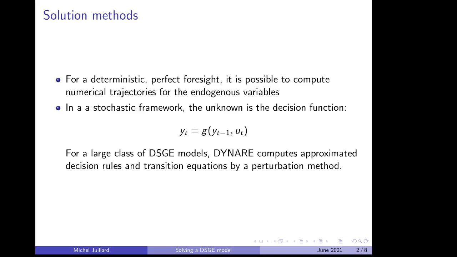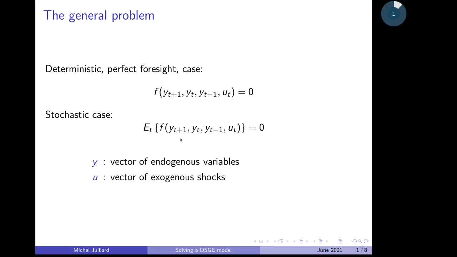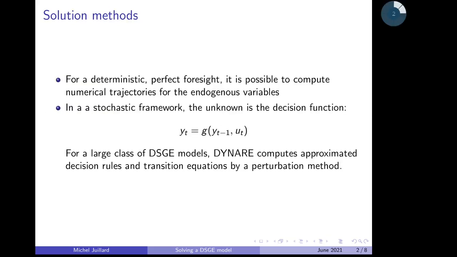And the g function must be such that if we do the same thing in yt plus 1, then the conditional expectation of this expression is indeed equal to 0.